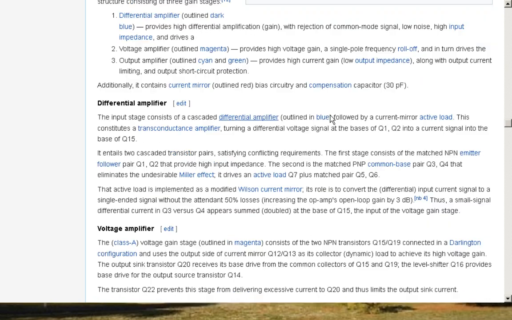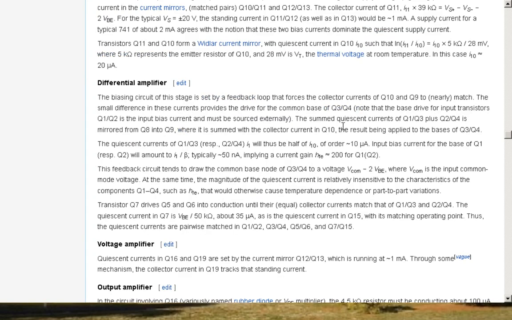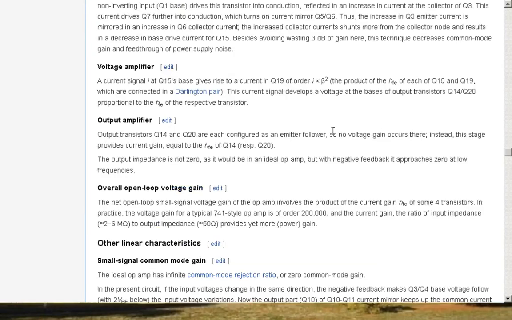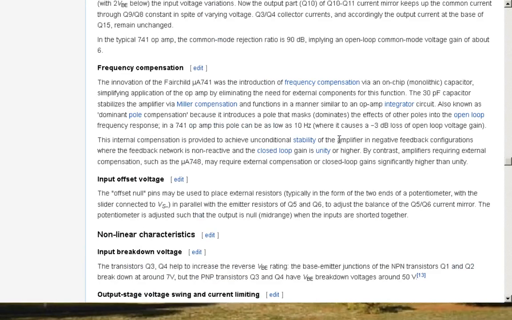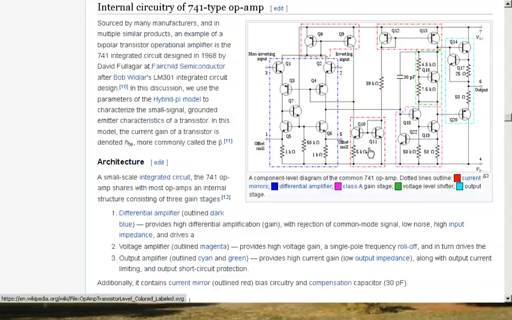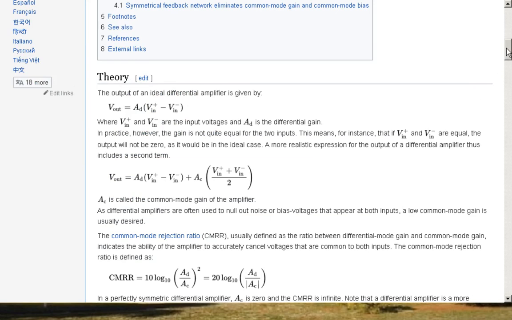Actually, I don't want to look at that differential amp. So you can see there's a lot of components in there. You can use them for different applications. Like last time we were talking about negative impedance, negative resistors, and all that sort of thing.